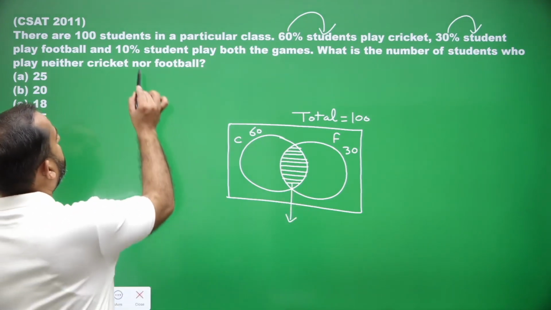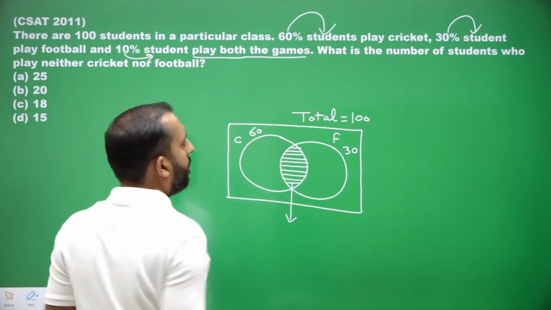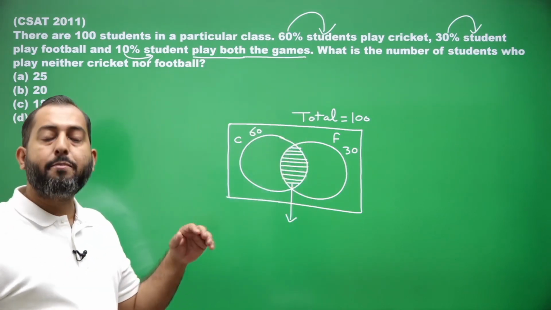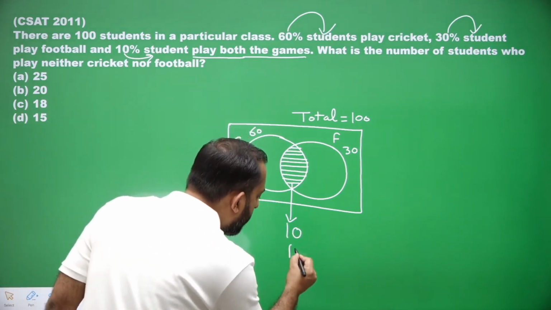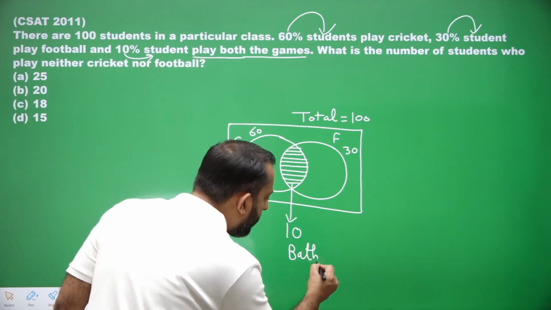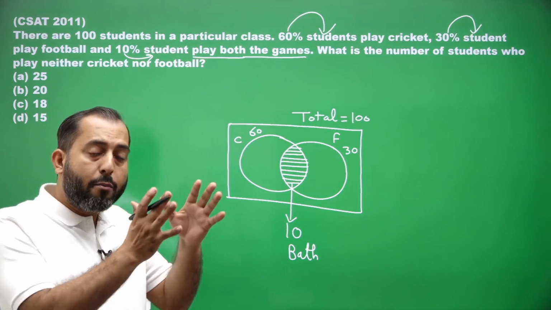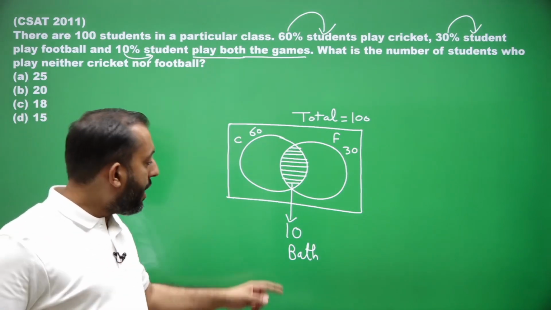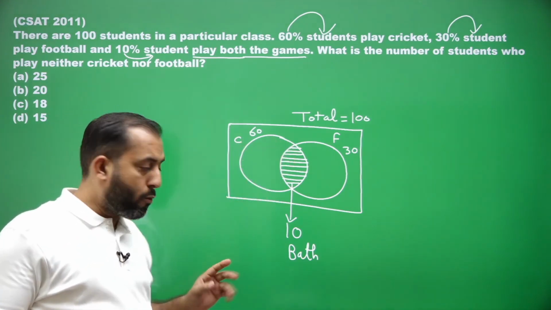And as per the question, 10% of the students play both the games. What is 10% of 100? 10% of 100 is 10 only. So this intersection represents the region that belongs to both cricket as well as football, and this 10 represents the count of those students who play cricket as well as football.